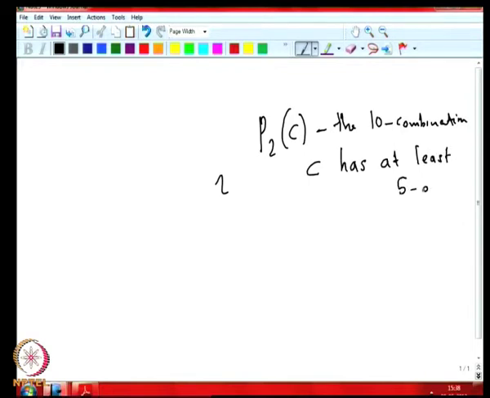Recall that in the multi-set given to us there are only 4 B's. Therefore, if a 10 combination has 5 B's, we have to reject that 10 combination, right.